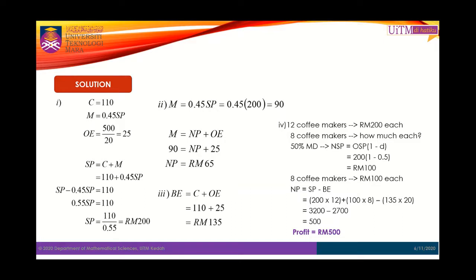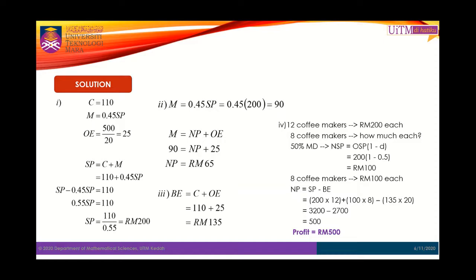So 50% of the regular price gives you the new selling price for the 8 coffee makers to be RM 100 each. That means 12 coffee makers will be sold at 200 ringgit and 8 coffee makers will be sold at 100 ringgit.